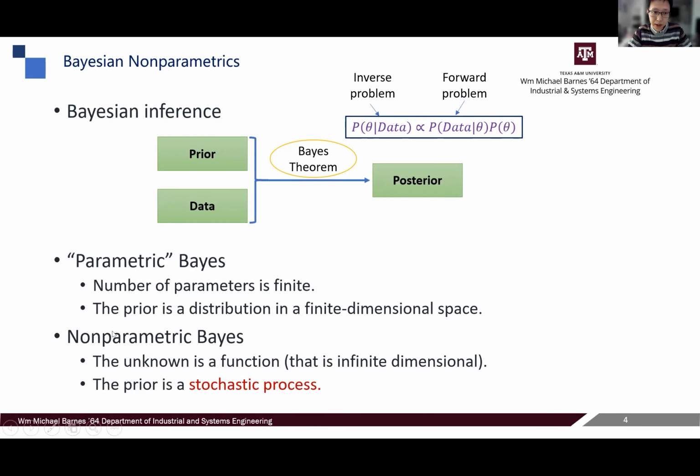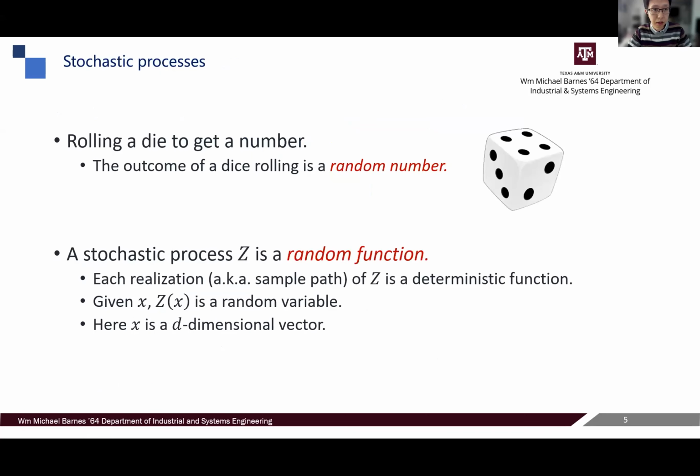In contrast, we have the so-called non-parametric Bayes, which means that the unknown is not a finite-dimensional object. Really, it's a function which lives in an infinite-dimensional space. And the prior for a function should be a stochastic process. That's why we want to introduce stochastic processes to our model.